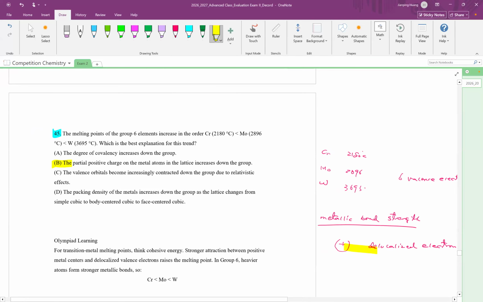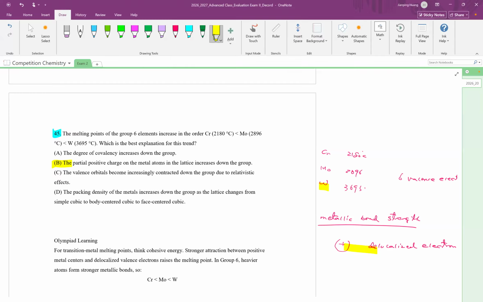Why? Metallic bonding becomes stronger from Cr to Mo to W because the d orbitals give increased, extended metal-metal bonding, especially for this one. Okay?